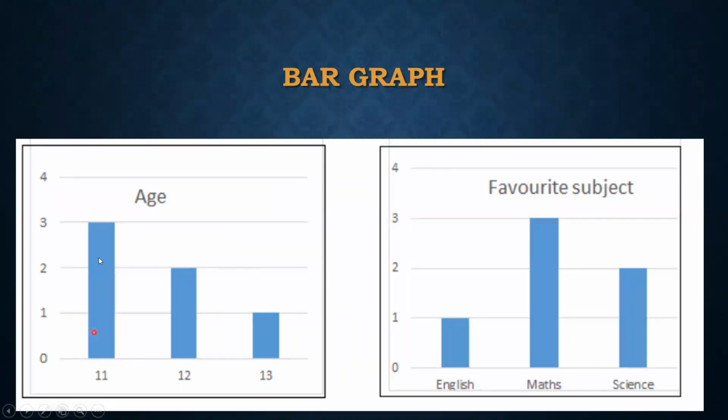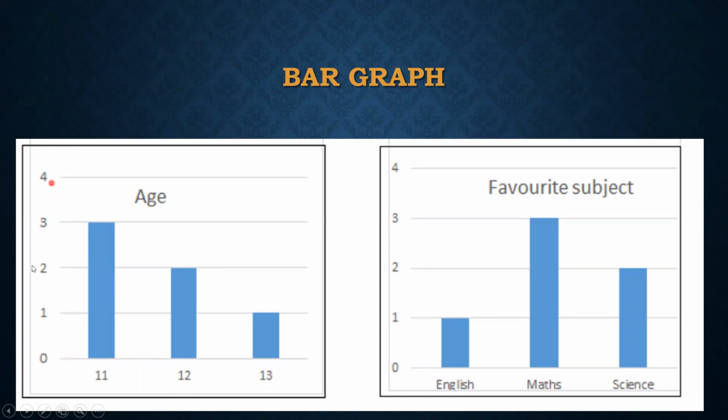This is how the bar graph looks like. This one has two bars, okay? Two questions solved simultaneously. I think the first one was talking about the ages of people in the class: 11 years, 12 years, 13 years, and here is the number of people who were 11, 12 and 13 years.